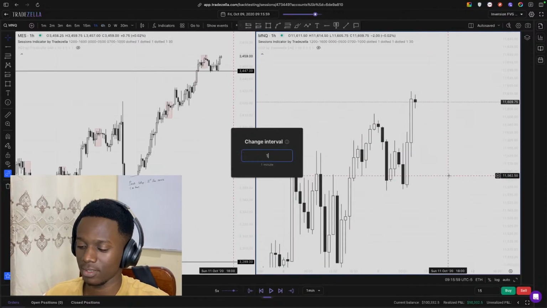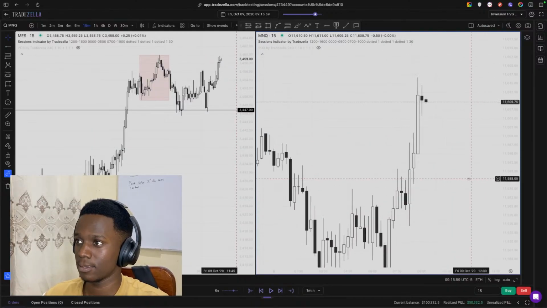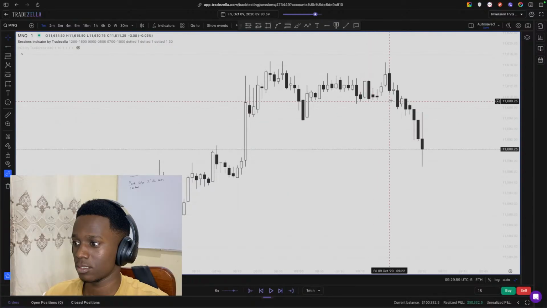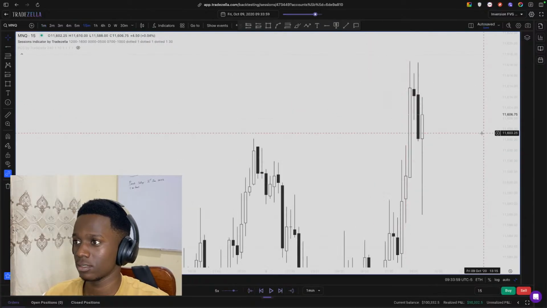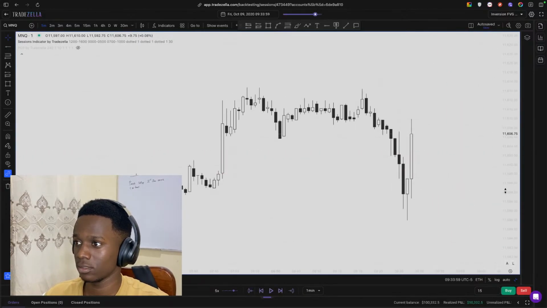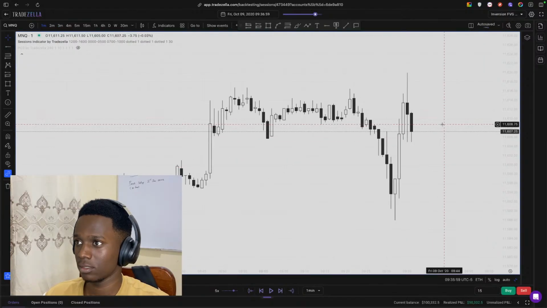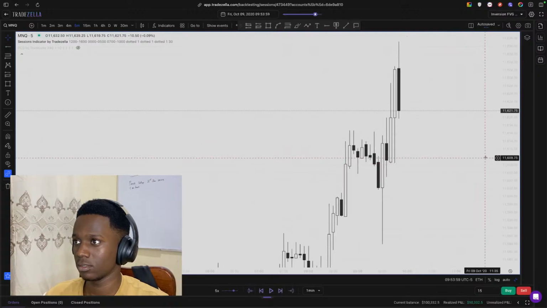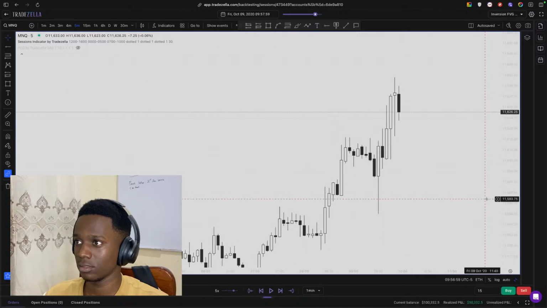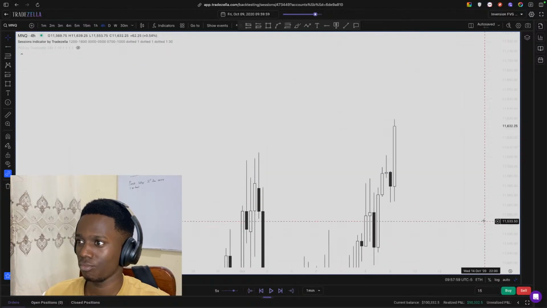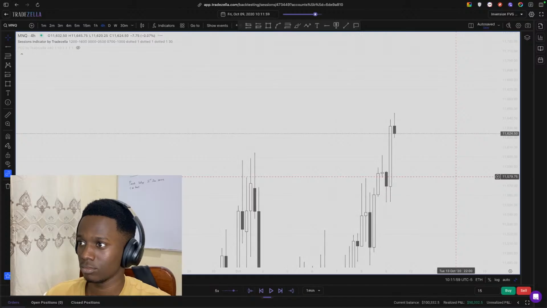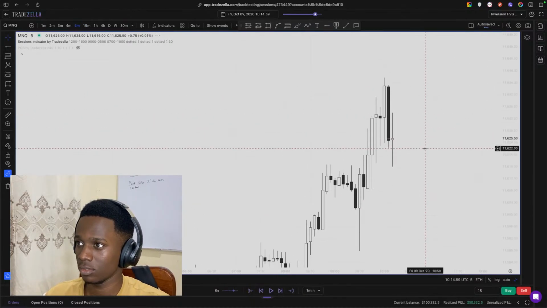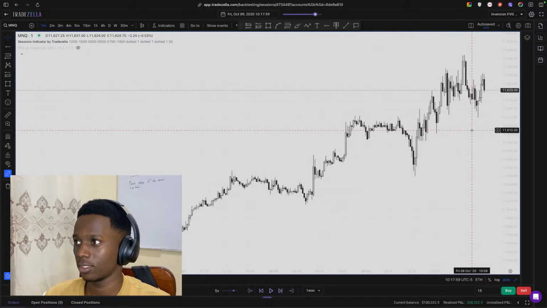So there's a gap here. Some crazy consolidation. No entry.